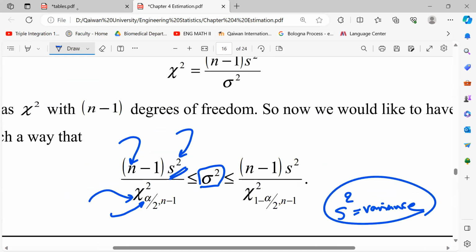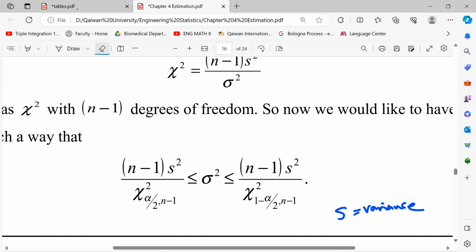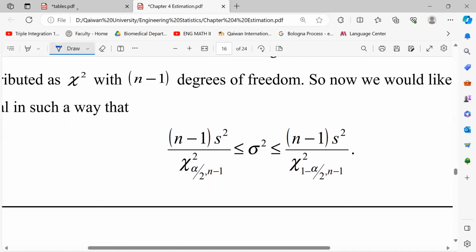You must have either a standard deviation or variance, and also n and alpha. If you have these, we can get the result. Look at here. This is the rule.